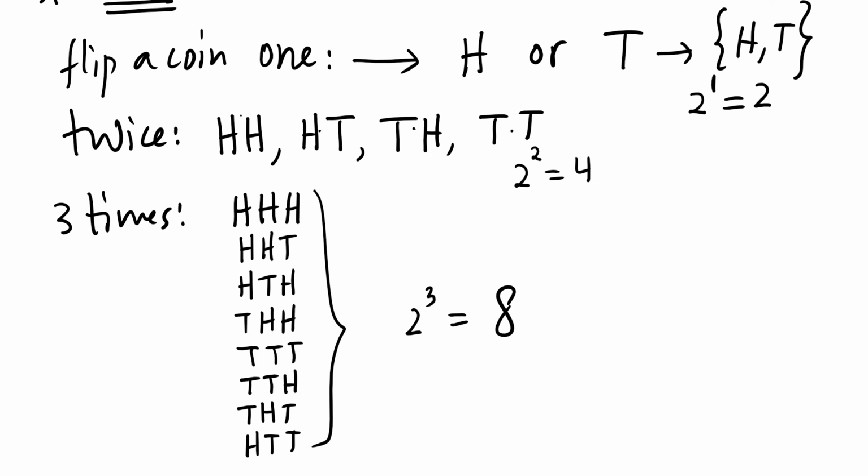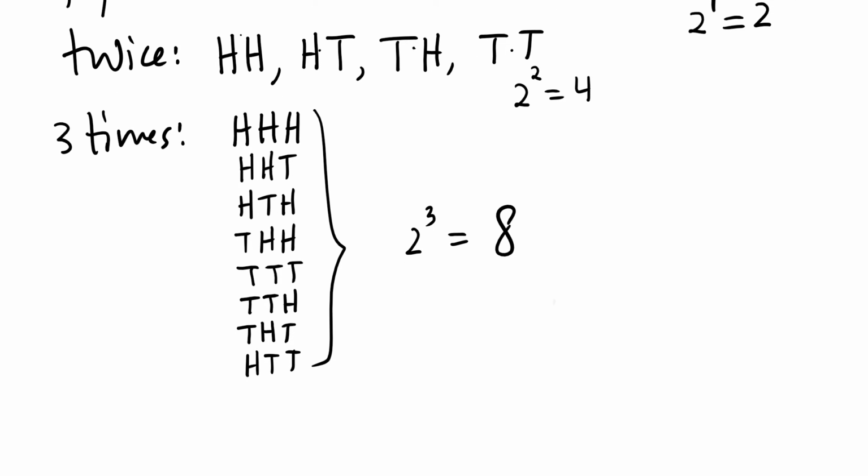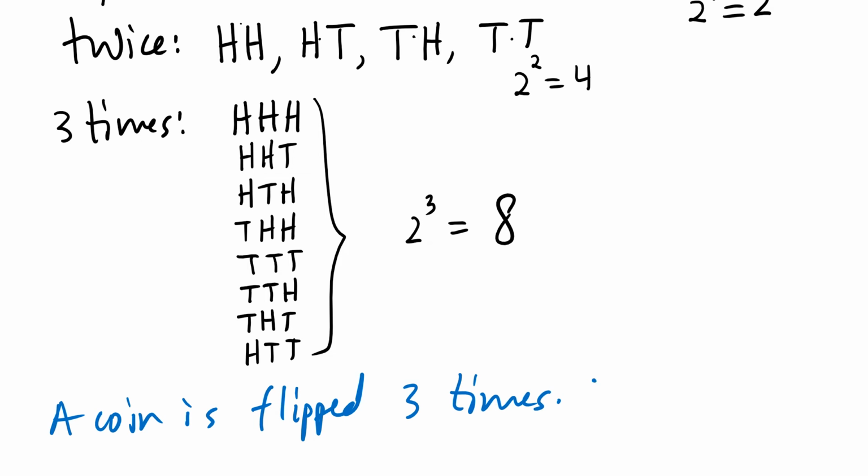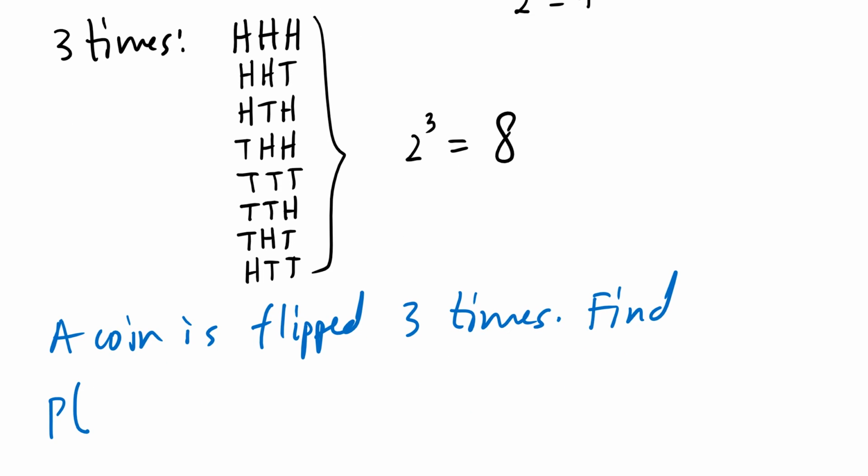How do they ask a question about this? So let's say a coin is flipped 3 times. We need to find the probability. Part 1, let's say, the probability of getting 2 heads.